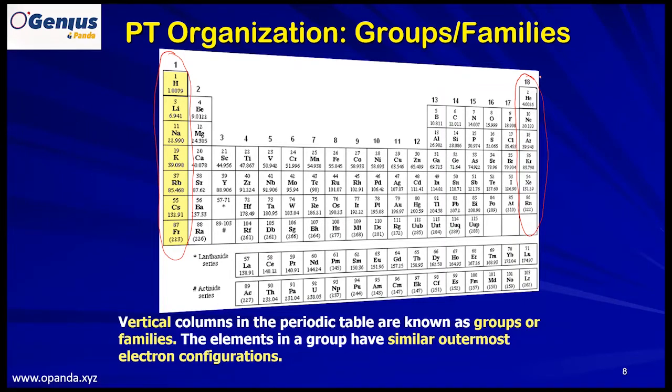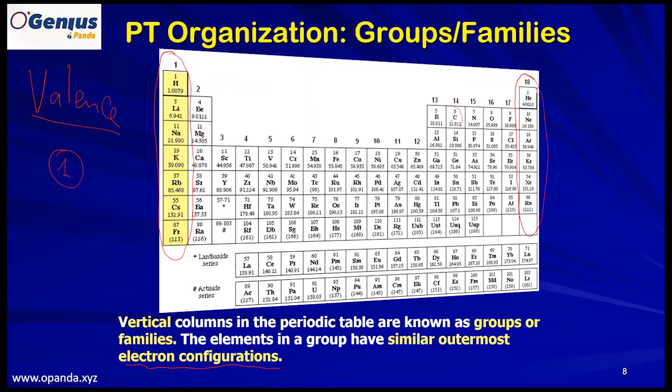So what do we consider to classify a given element in a given group? We just look at the outermost electronic configuration. So the valence electrons will determine the group number of a given element. If an element, let's say sodium, has a single electron on the outermost shell, then it goes in group number 1.